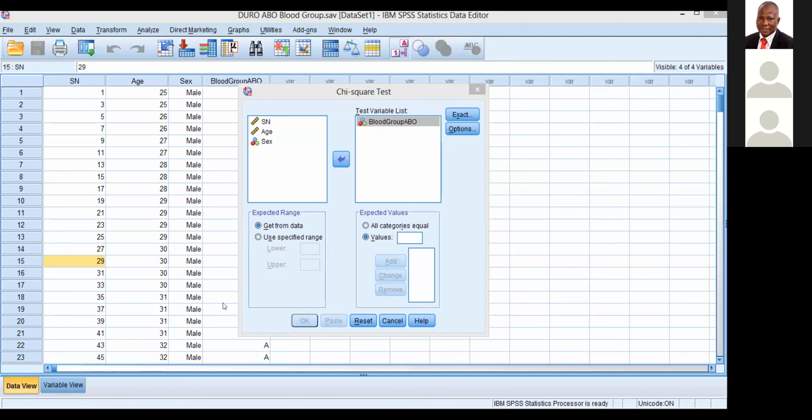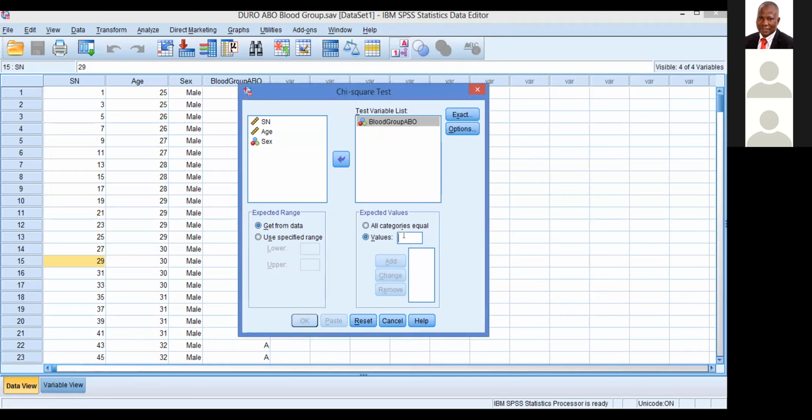Now, click under values. Type 63.3. That's the first category. That is why it's good to use numeric, because you have already coded A as 1. So you attach this 63.3 to A. Click add. The second one, go back and type 56.7.